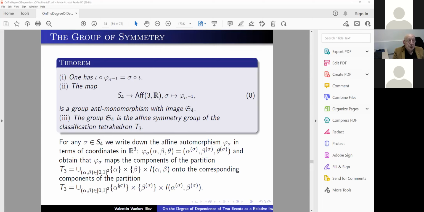You have to take into account that phi sigma maps T3 onto T3. This can be shown easily; I omitted this. And something more: it maps any component of this stratification onto the corresponding stratum of T3.